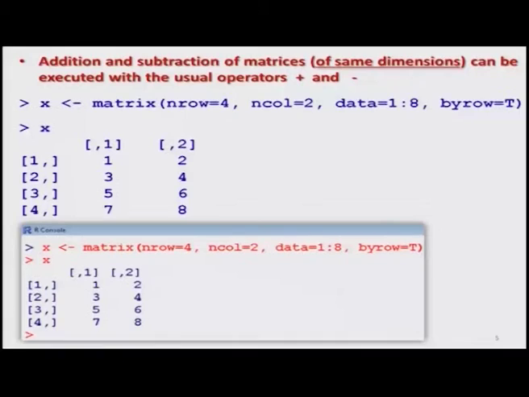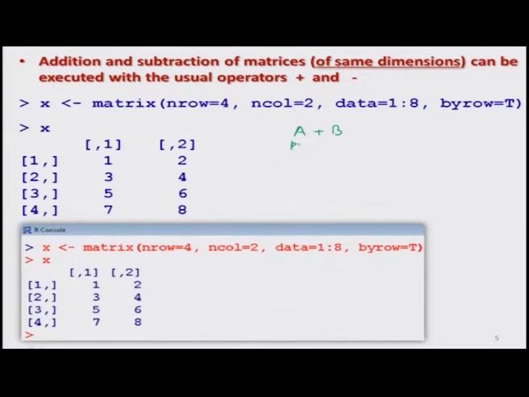Now we move ahead and come to another aspect: how we can do the addition and subtraction of matrices. Suppose I have two matrices A and B. When I want to add these matrices, we know from the basic fundamental rule that both the matrices should have the same order.